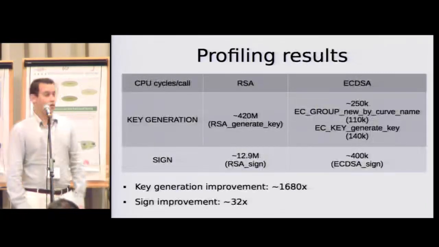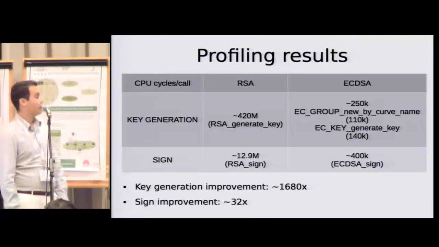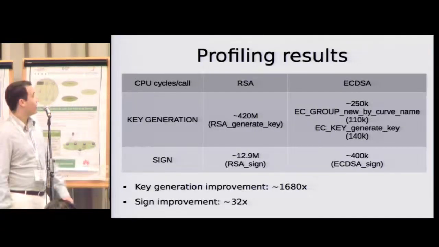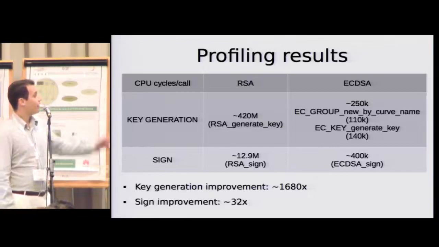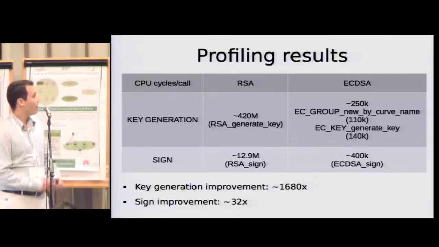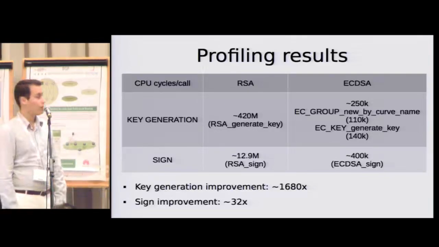Here in this table, you can see the results. For example, for the key generation, we can see that for RSA we need 420 million CPU cycles. But for ECDSA, we only need 200,500 cycles.